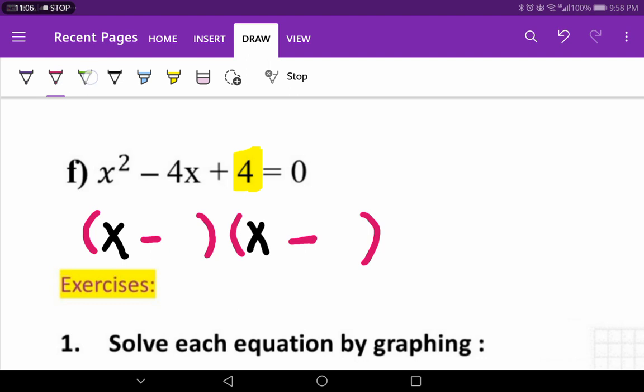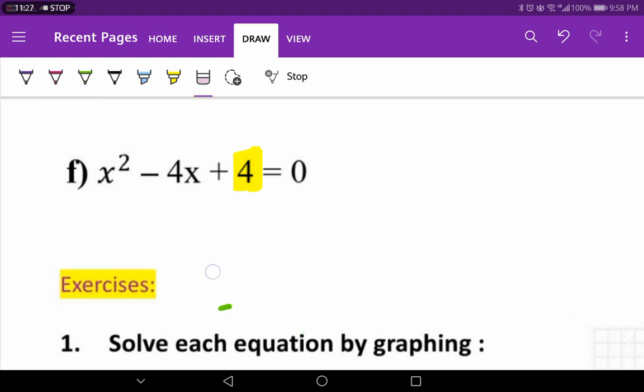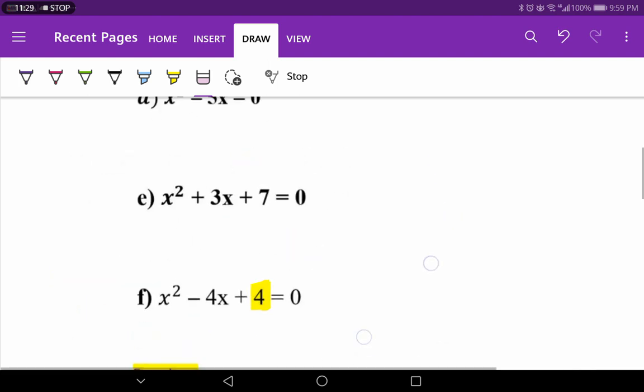It is not from me. 2 and 2. We are done. So from here I have x equal 2, and from here x equal 2. So we have one root, or one solution. Okay, my dear student, are you happy with that? Me too.